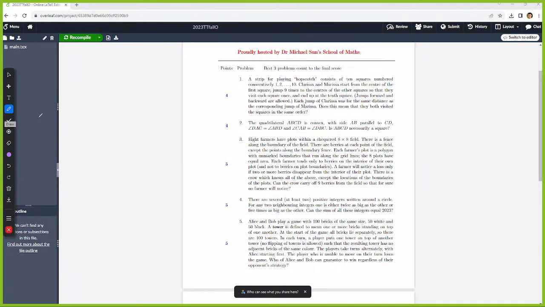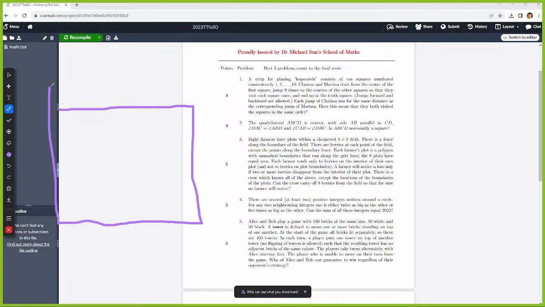Okay, so what's the farmer question? Let's look at the farmer question. I'm not going to draw everything, but I'll draw hopefully enough. So you've got these grids, with 8 rows and 8 columns.